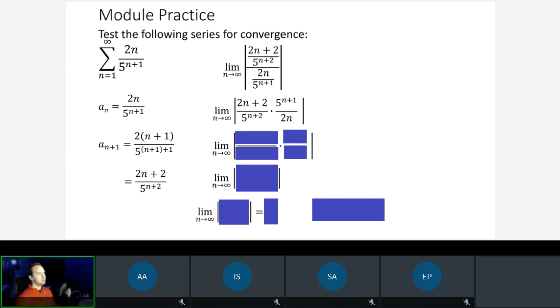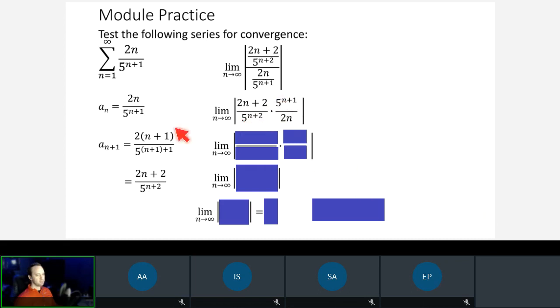Okay, so 5 to the n plus 1, which one can be expanded? Oh, 5 to the n plus 2 can be expanded, yeah. So you can kind of see that we can expand this using exponent rules to look like this for one of the factors.